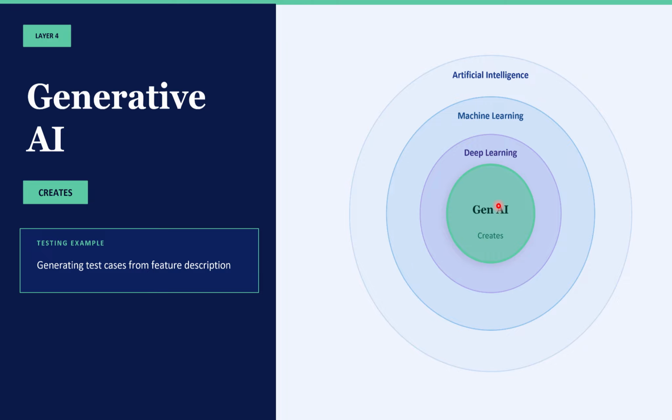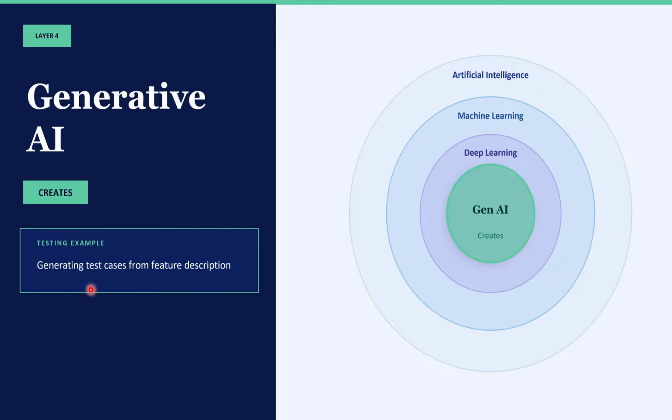As you can see, this sits inside deep learning. The key difference here is that generative AI doesn't just analyze the data, it actually creates new content. It can generate text, code, images, and even test cases from scratch.